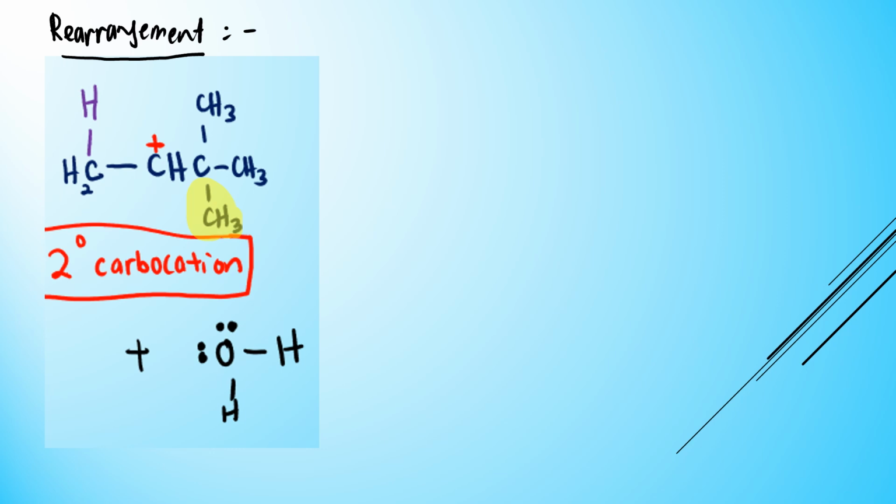So what happens? You need to show the arrow for the shift of the methanide. So CH3 group, including the single bond, shifted to the carbon number 2. At the same time, the positive charge shifted to the carbon number 3. So kita akan draw the formation of the tertiary carbocation.